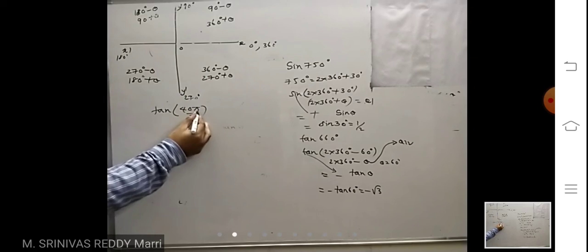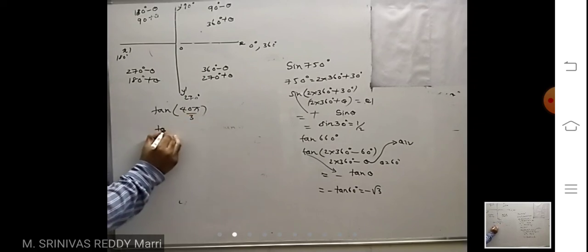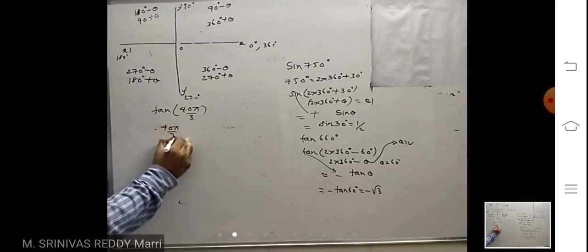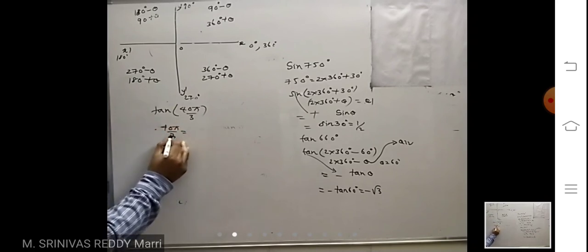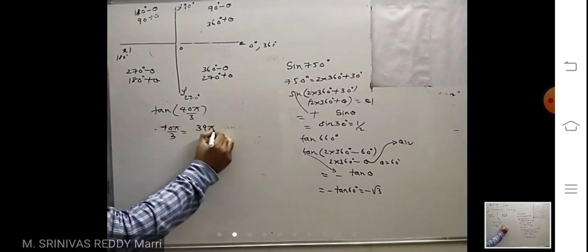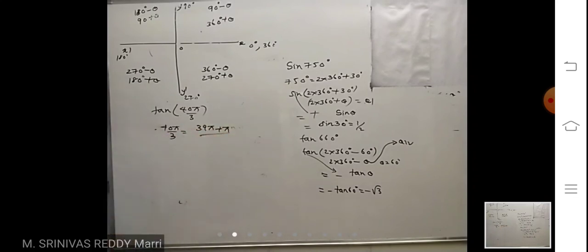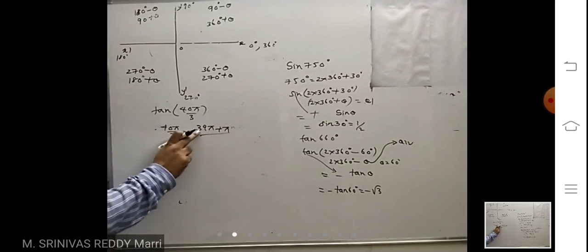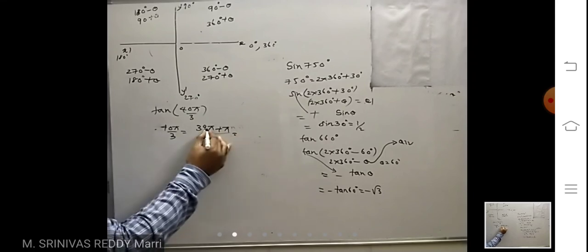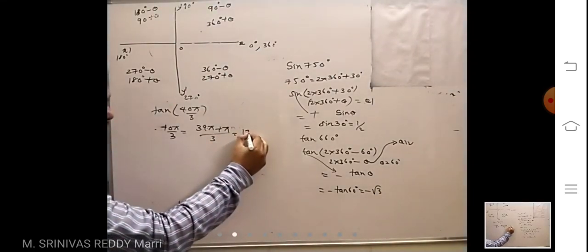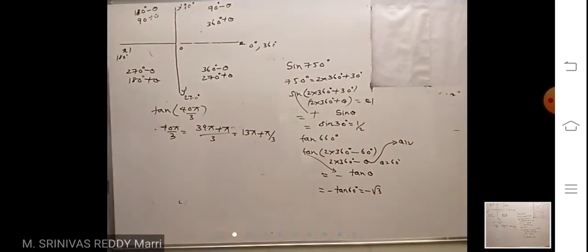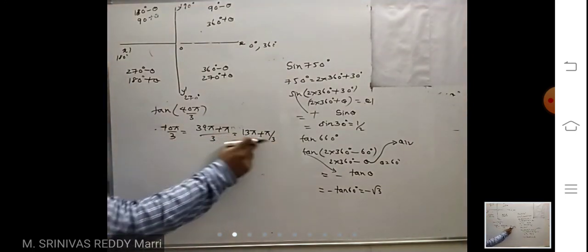Pi means 180 you can write, or otherwise I can simplify like this. 40 pi by 3 is nothing but, I will first write a multiple of 3. That means 39 pi plus pi, divided by 3. 39 pi divided by 3 is 13 pi, plus pi by 3. So 40 pi by 3 can be written like this.